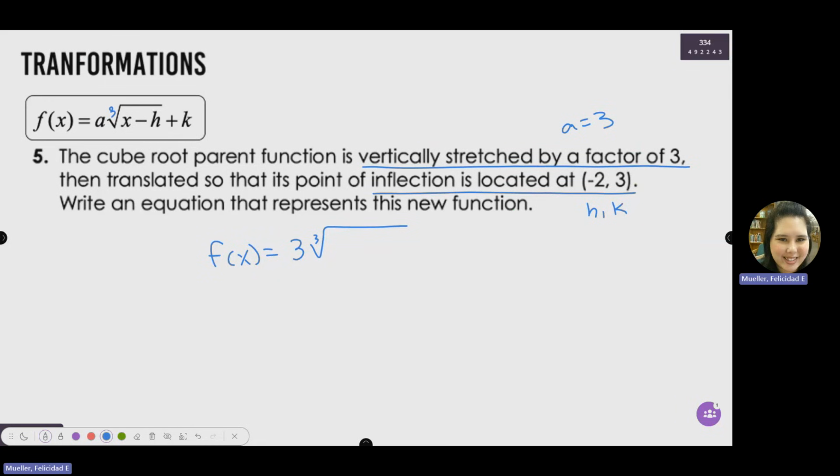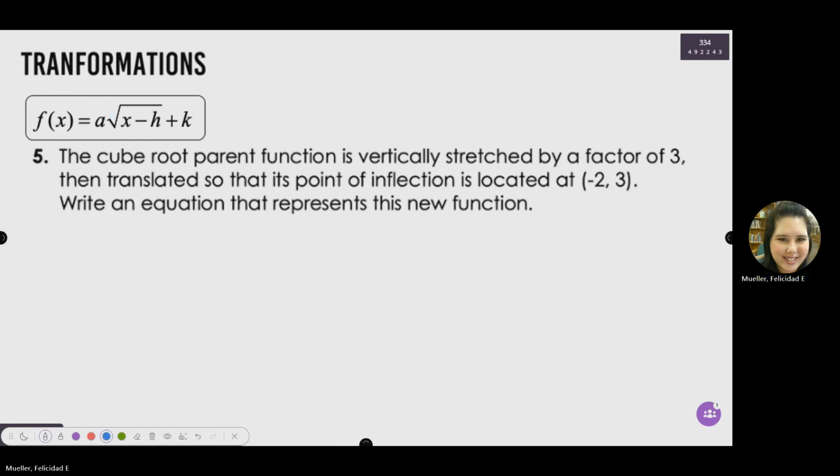I will fix it for the class. Cubic root, and then x minus, so minus minus gets me +2, and on the outside +3. I didn't notice that until it's too late. Oh well.